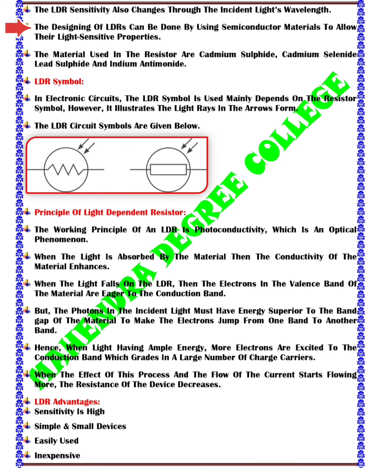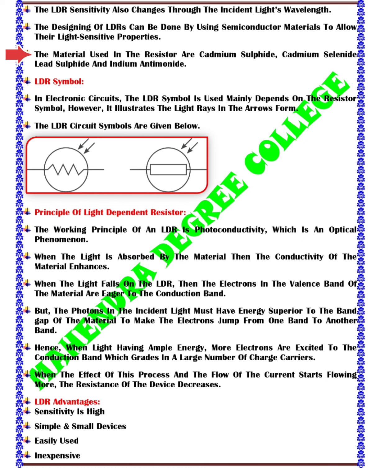LDRs are essentially resistors whose resistance changes in response to light intensity, and this variation is achieved through the light-induced behavior of semiconductors. LDRs are typically made from semiconductor materials like cadmium sulfide (CdS) or cadmium selenide (CdSe).